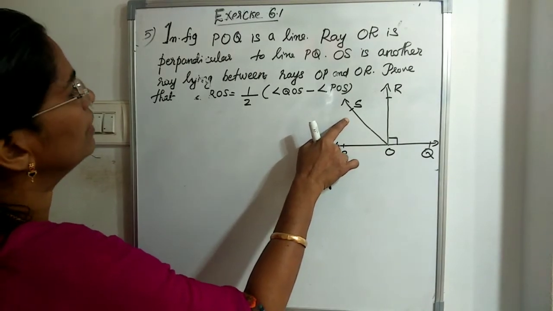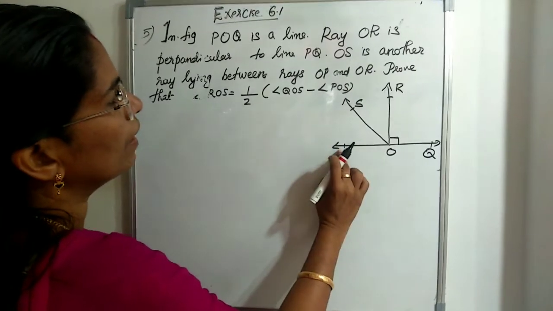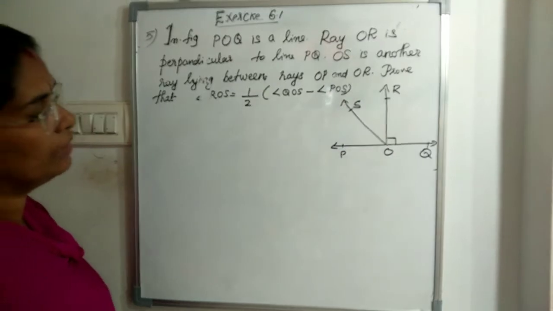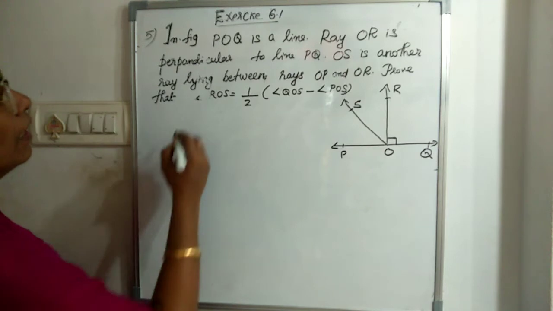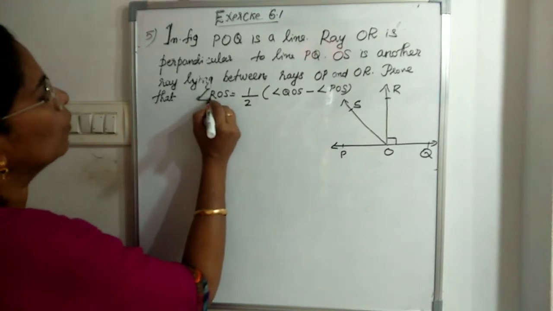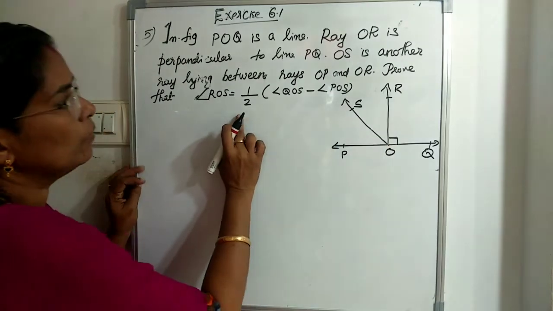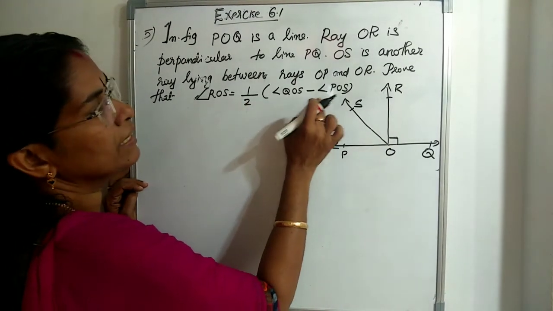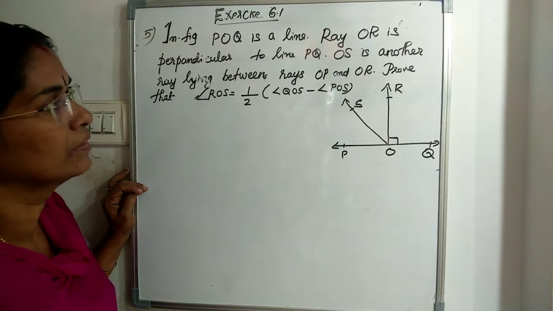It is lying between OP and OR, in between this OR, in between this OS. Prove that angle ROS, this small angle, is equal to half of angle QOS minus angle POS. Clear the question?